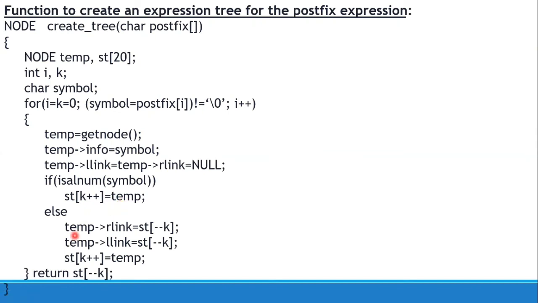And here temp of r link equals stack of minus minus k: we obtain the second operand from the stack. Temp of L link equals stack of minus minus k: we obtain the first operand from the stack. And stack of k plus plus equals temp: we push the operator node onto the stack. Return stack of minus minus k: we return the root of the expression tree.